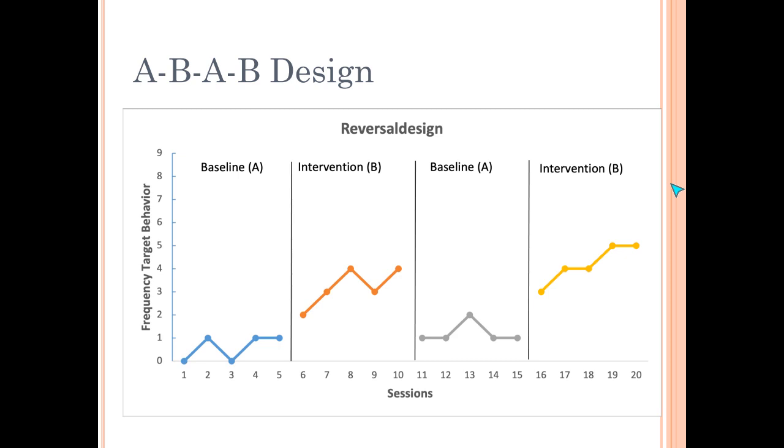This is then the second phase B, and again there's a reversal, and you should see what you've seen in the first B phase, that the same type of pattern emerges, that there's always higher performance in the B phases and performance goes down in the A phases. That is the reversal logic, or the design is called ABAB design.